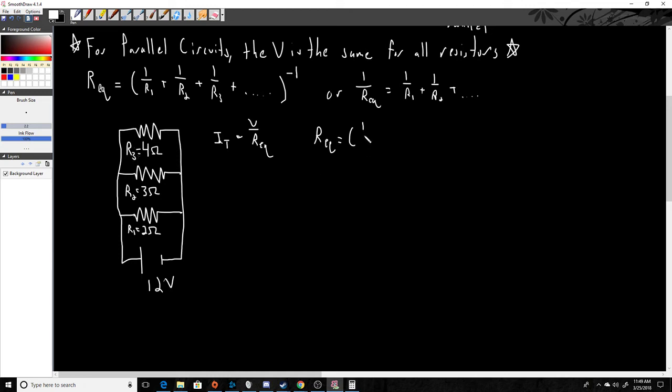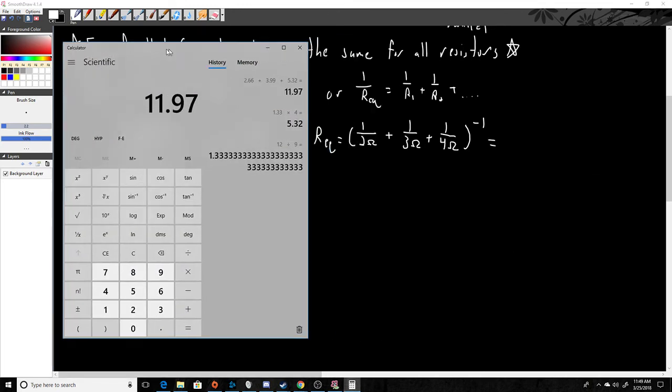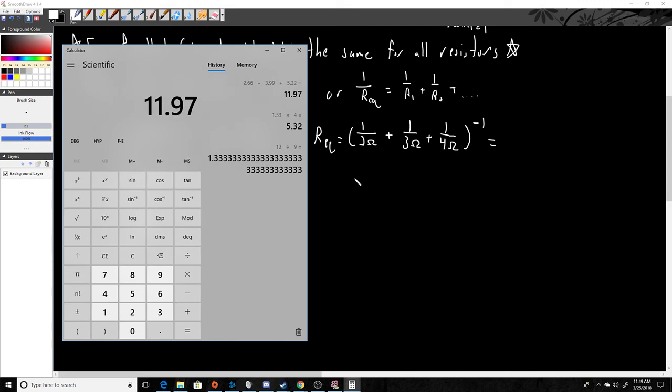R1 is 2 ohms, so I've got 1 over 2 ohms plus 1 over 3 ohms plus 1 over 4 ohms. Then, to get this right, I'm going to take the inverse of that. Let me go ahead and get out a calculator quick, and put it in a place where I can see what I'm doing.